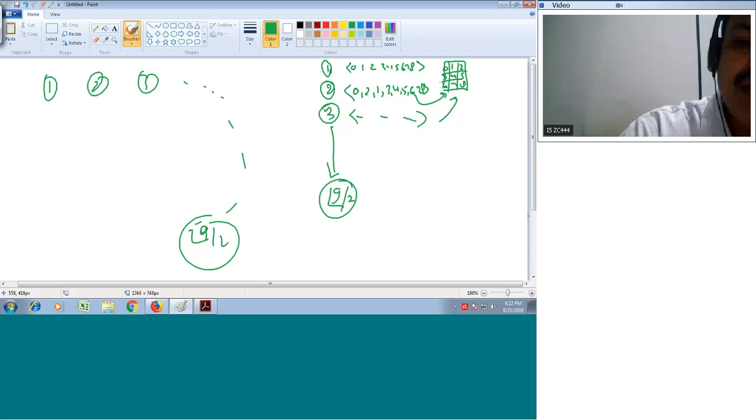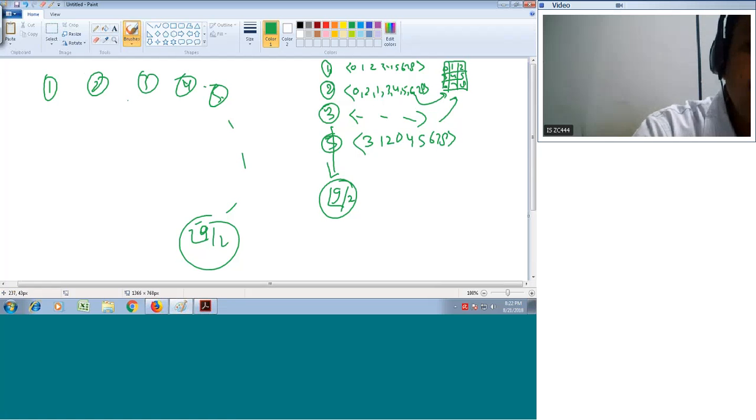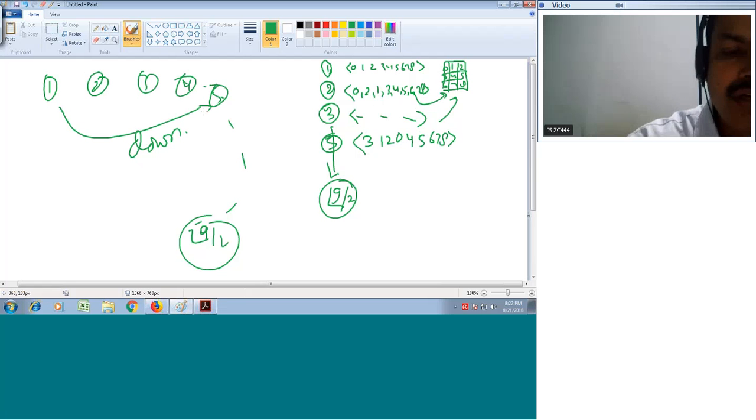Let's assume the fifth state. If I take it down, 3 would be there, 3, 1, 2, then 0 would be here, 0, 4, 5, 6, 7, 8. So if I take DOWN, I would reach this state.